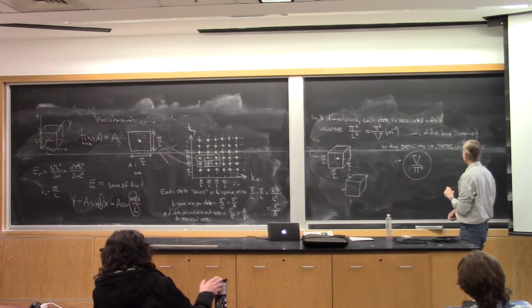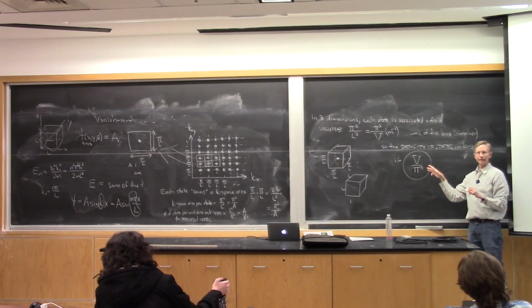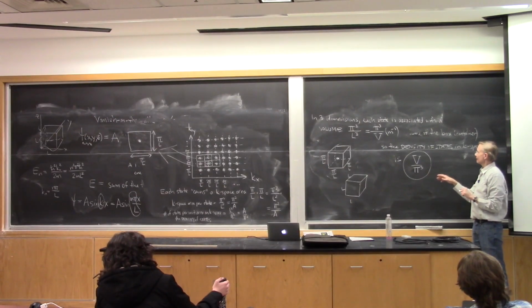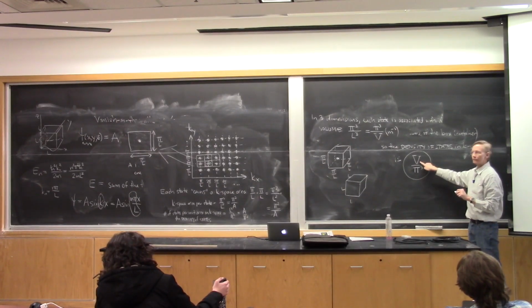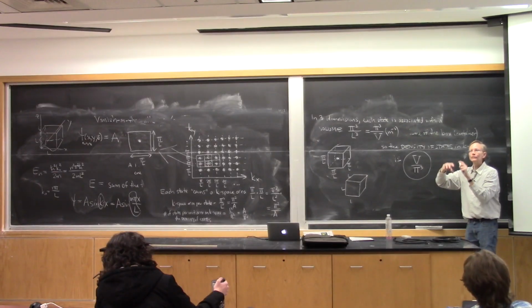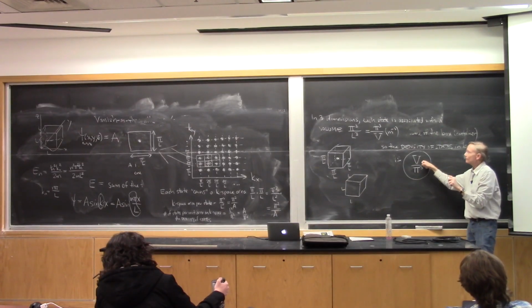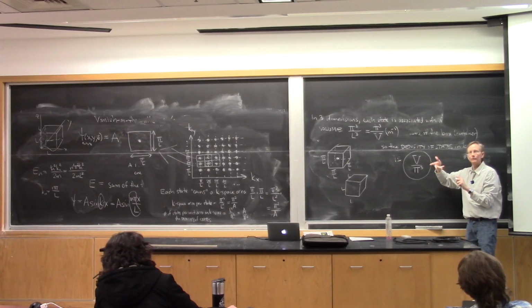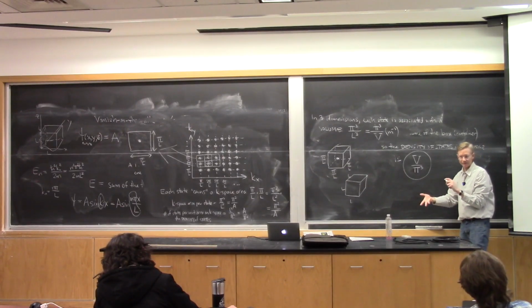And furthermore, the density of states has units of meters cubed. Well, density we normally think of as per unit volume, but k-space volume has meters to the minus 3 as its units. So per unit volume of k-space has meters cubed as its units. k-space has the reciprocal of the units of physical space.